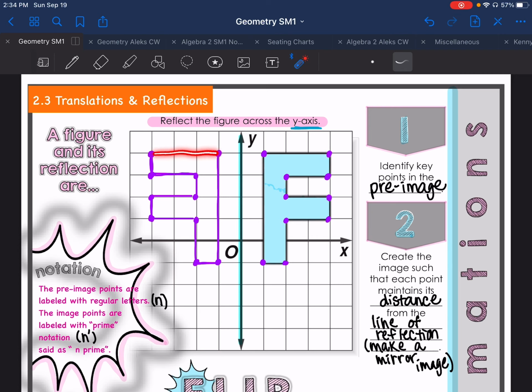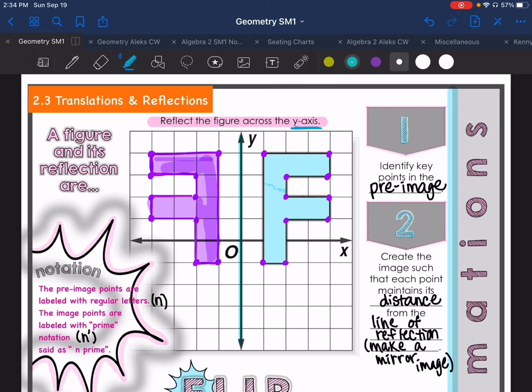So I'm going to connect on this side as well. And there is my image. I can highlight it in for you if you'd like. I'm just highlighting it in to show you that I have the same letter F. It's just a mirror image of the blue one.